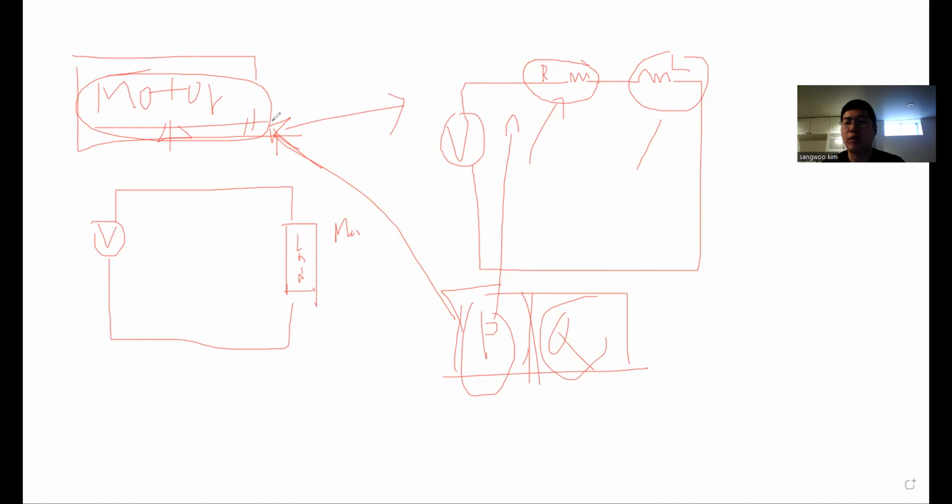We didn't expect that motors need both active and reactive power, but actually they do. Later we will learn about motors, transformers, and generators. P is related to frequency and Q is related to excitation current. You don't need to know that now, but we will learn about it later. So actually, motors consume P and Q.